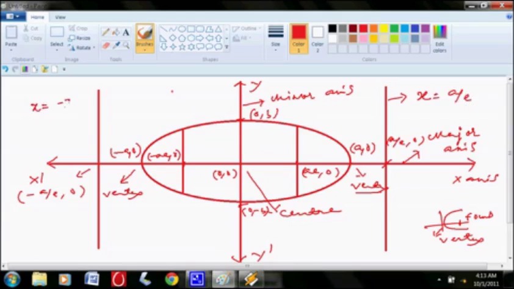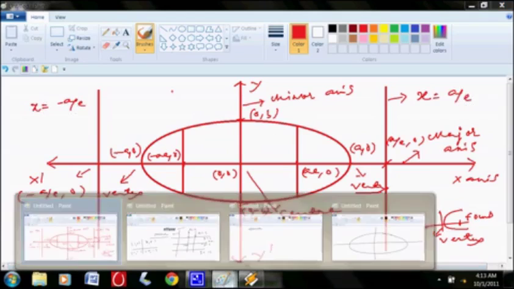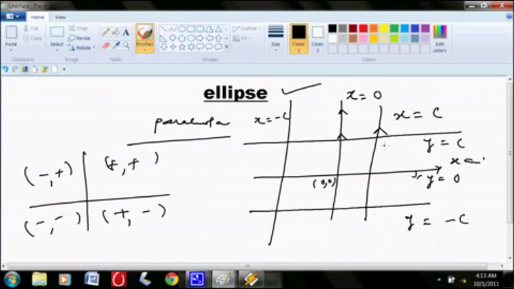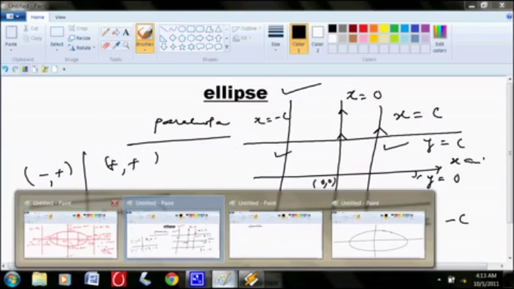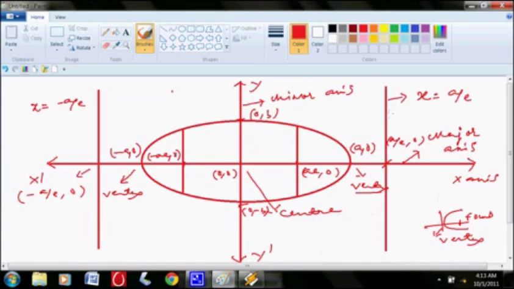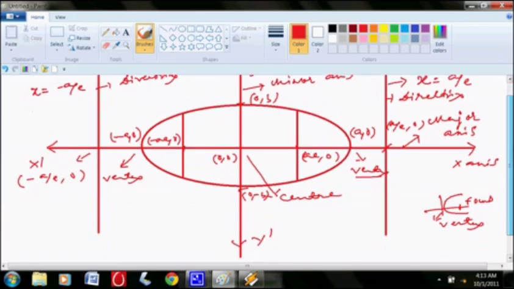This is x equal to minus a/e, with respect to these two lines parallel to the y-axis. This is called directrix. This is called directrix. So there are two directrix in case of an ellipse.